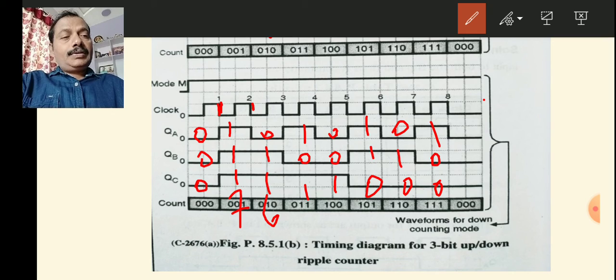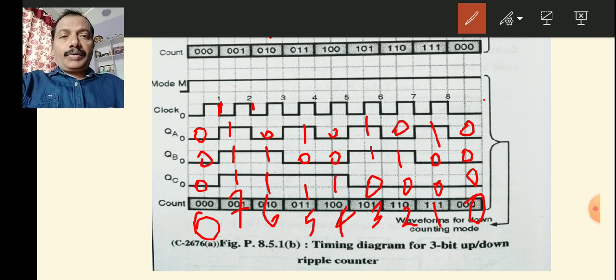Next, 0 0 0. It initializes to 0. That means 7, 6, 5, 4, 3, 2, 1, 0. This is the down counting.